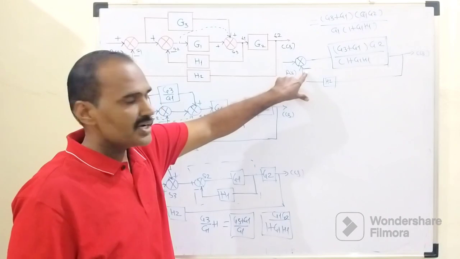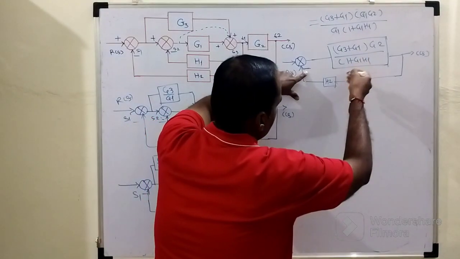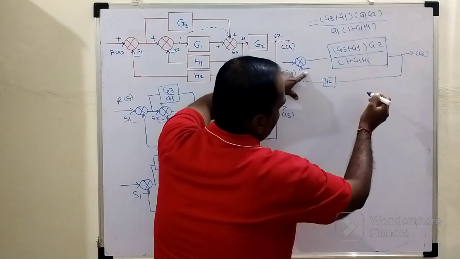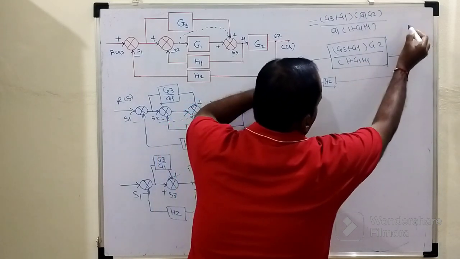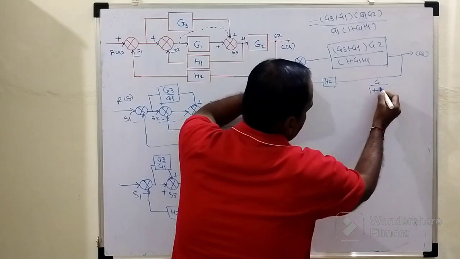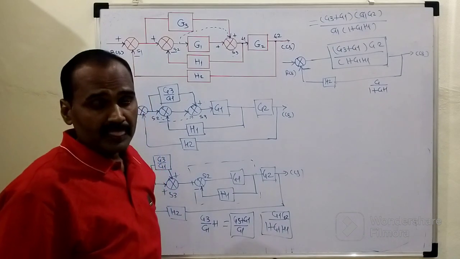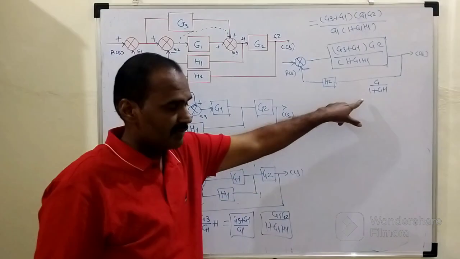As we have negative feedback, how do we eliminate it? By adopting reduction rule number 3. Reduction rule number 3 says that G divided by 1 plus G into H is the CLTF, the closed loop transfer function.